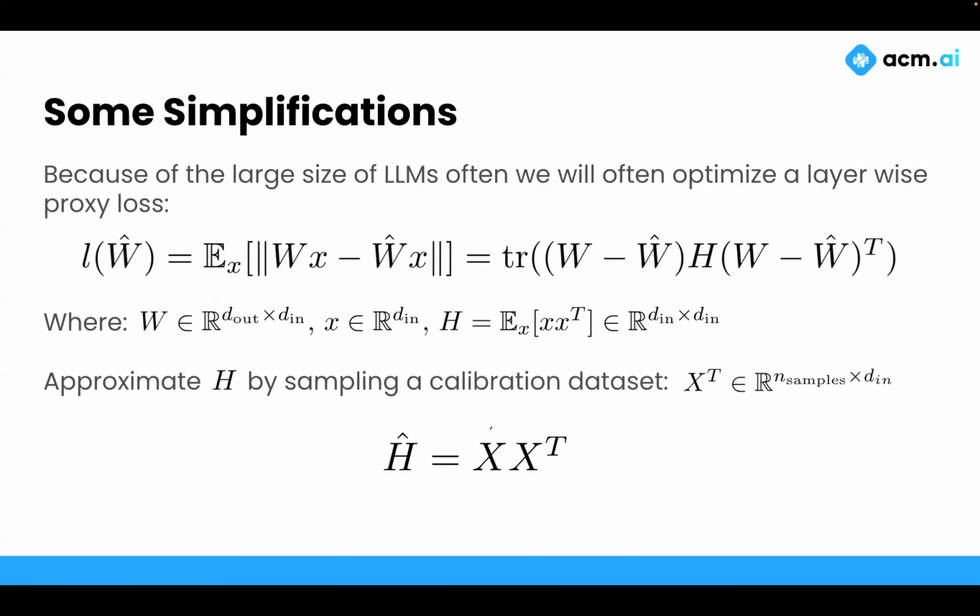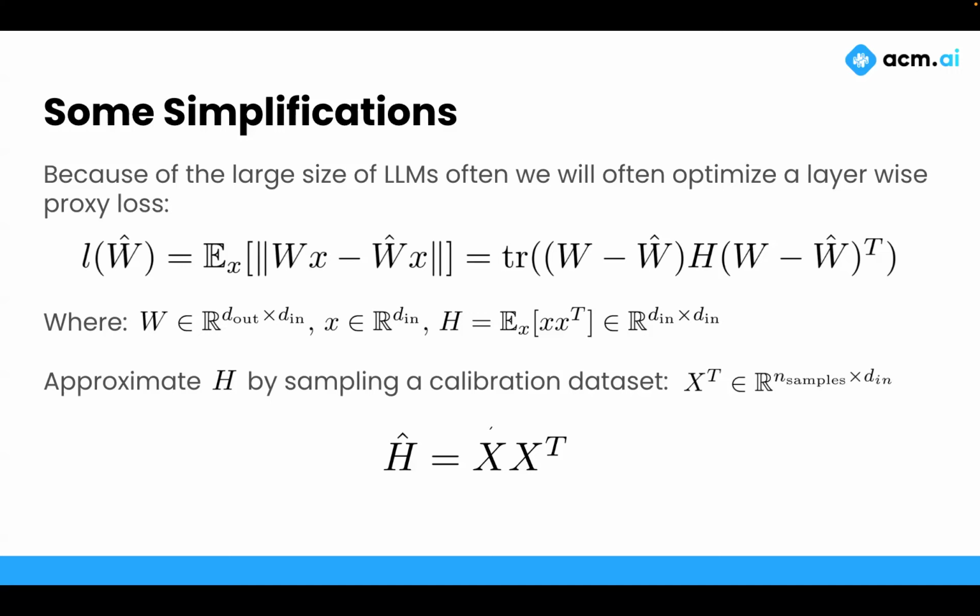Okay, so a common thing that you'll see in a lot of compression papers is, because of the large number of parameters, optimizing over the whole entire model itself is very hard. So instead, they will focus on a linear layer by linear layer proxy loss. In a sense, where W hat is the quantized or compressed W, W is the original, X is the input activations to this layer.